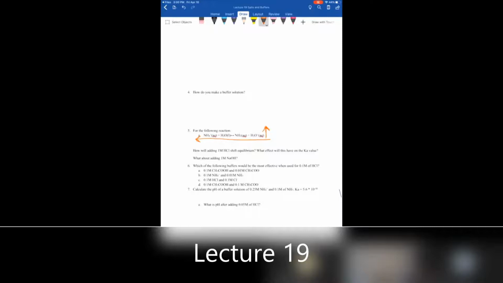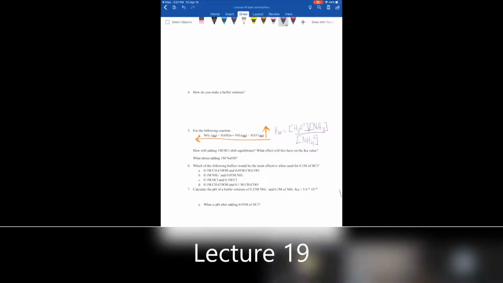Okay. So what effect will this have on your Ka value? So your Ka is H3O plus times NH3 over NH4. So what will this do to your Ka value?